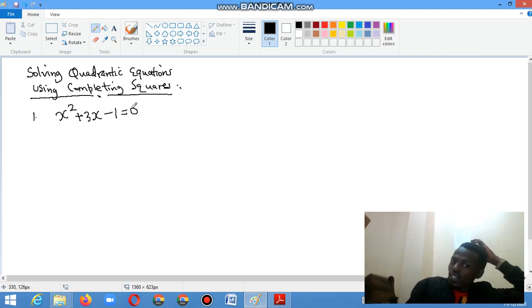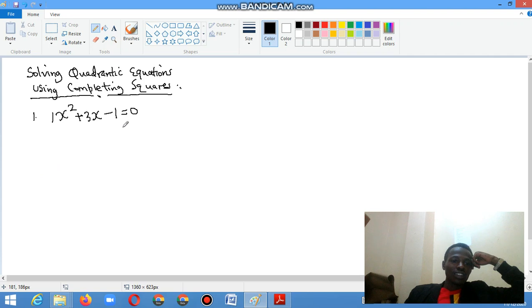With completing squares, before solving any quadratic equation, you must make sure that the coefficient of x squared is 1. That's rule number 1. Let's proceed. We shall see other rules as we go on.